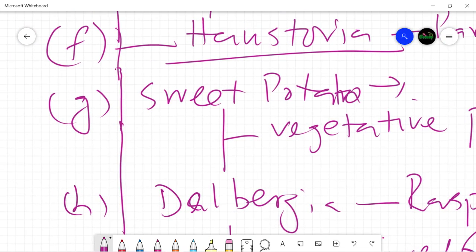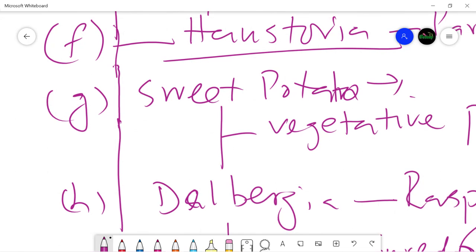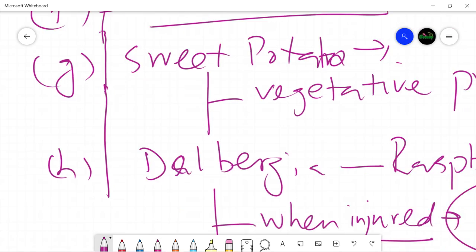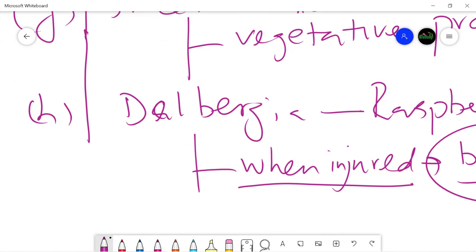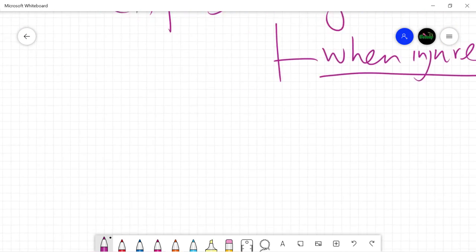And in sweet potato and other tuberous roots like radish and turnip, they act as an organ for vegetative propagation, vegetative reproduction. And also in Dalbergia, raspberry, poplar and many other plants, the roots, when injured, produce buds. So these were the normal and special functions of the roots.